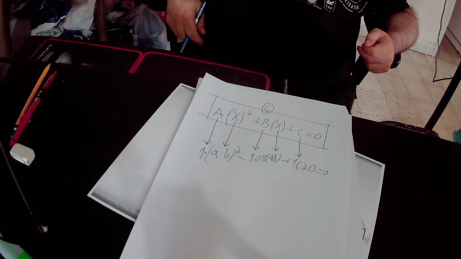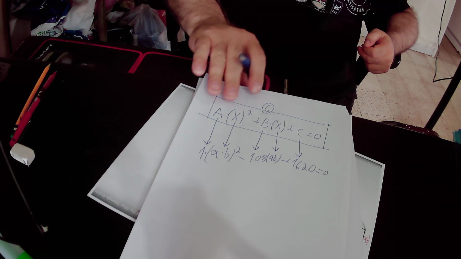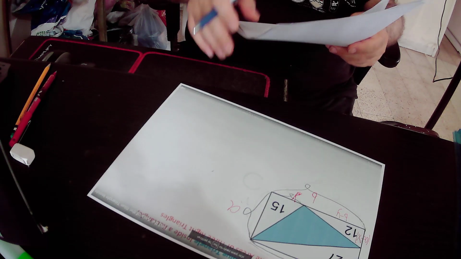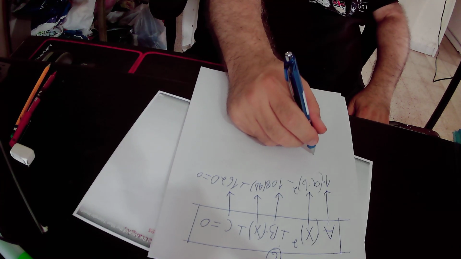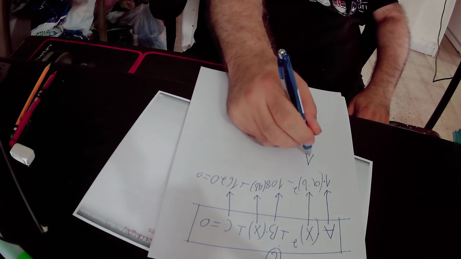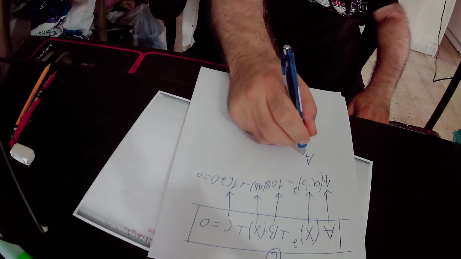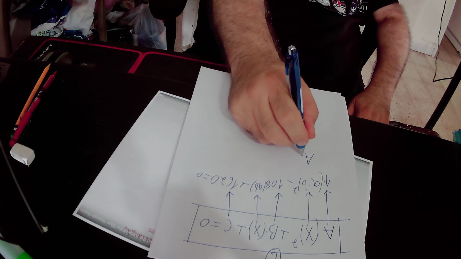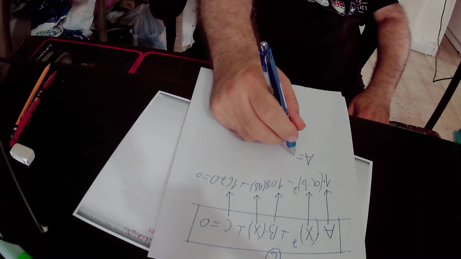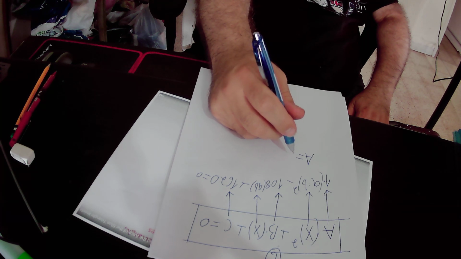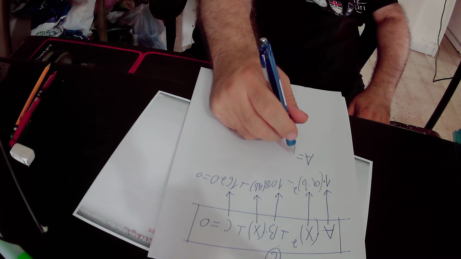So I will write it down. A, B, and C are the coefficients of a quadratic equation, and x is the variable that we are looking for.